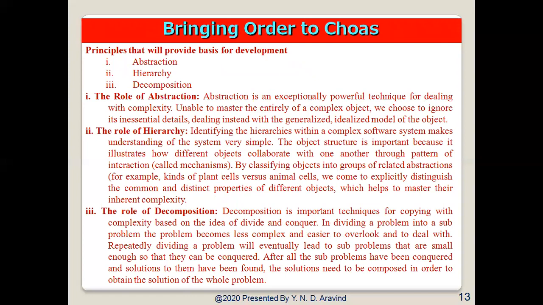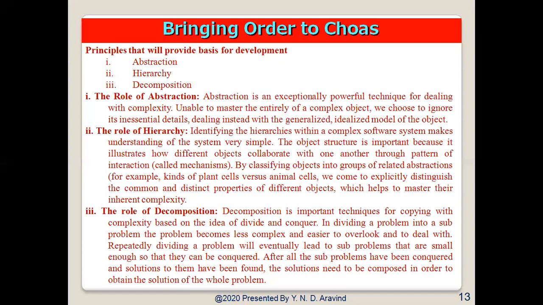Bringing order to chaos. At the start of a development project for a large complex software system, you don't have a lot of information, nor do you know a lot about the domain you are working in.